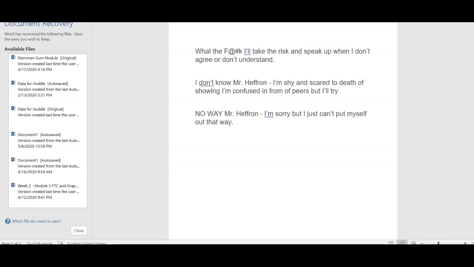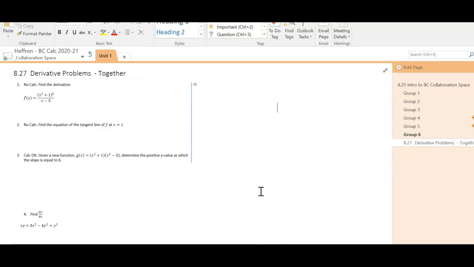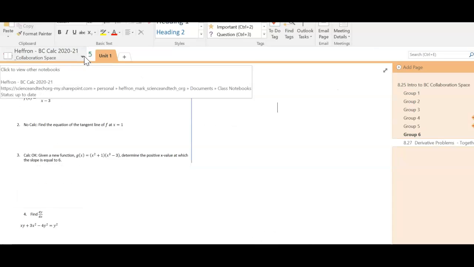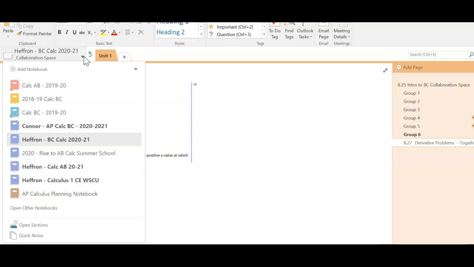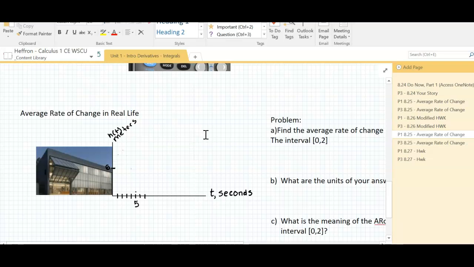Okay. So what I'm going to do is we're going to go to the OneNote now. I'm going to put the OneNote on my screen, and I want you guys to get your notes out, somewhere that you can take notes and draw pictures.